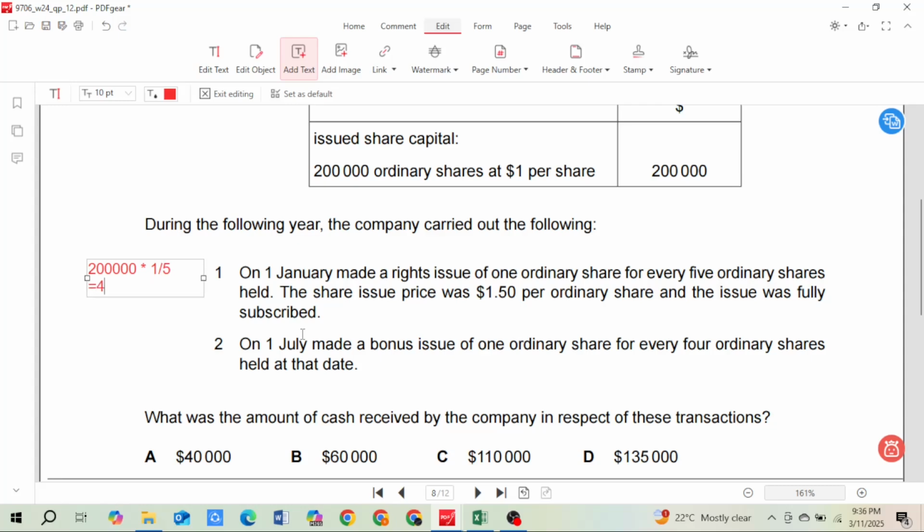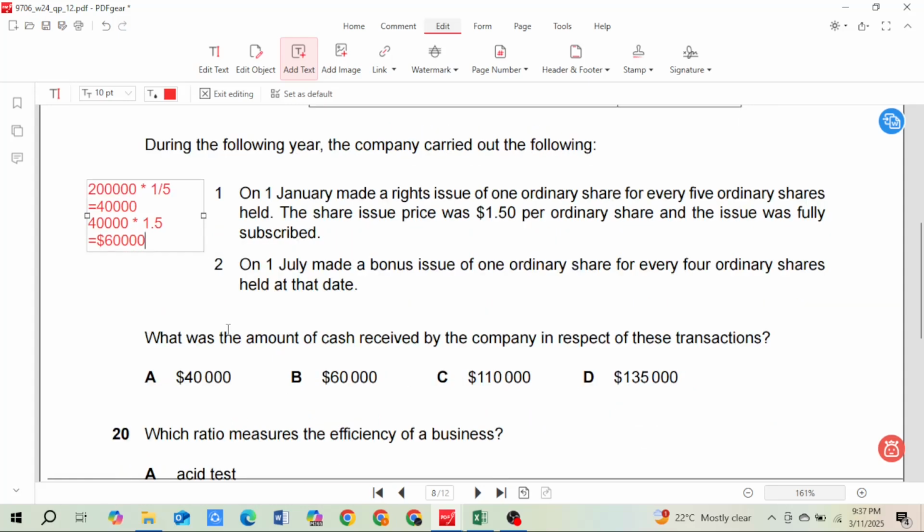Okay, so we are giving them 40,000 shares. Now 40,000 rights shares are issued at 1.5, which equals 60,000. So by issuing rights shares along with the premium, we collected 60,000. And number 2, bonus issue. In a bonus issue, we do not sell shares, we give shares for free, so there is no cash collection. Okay, so we did not receive any cash in the bonus issue. So altogether the total cash collected is 60,000, which is B.